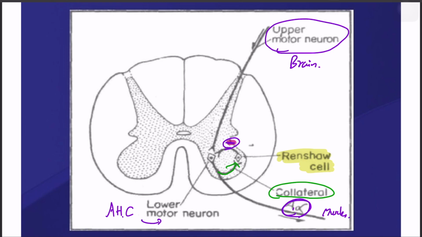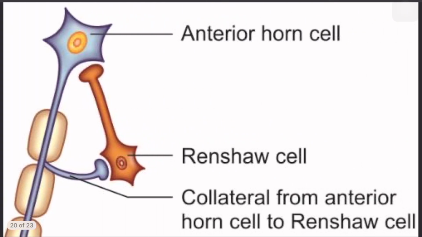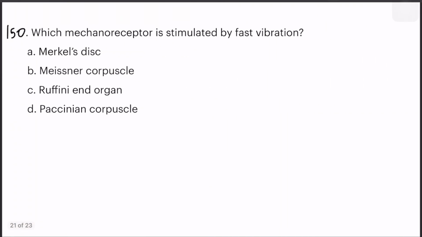That is, even though it gets a collateral from the lower motor neuron, the Renshaw cell inhibits the lower motor neuron. This puts a feedback inhibition. Therefore, there is a control established on the lower motor neuron. This explains it further. Therefore, the answer is feedback inhibition.